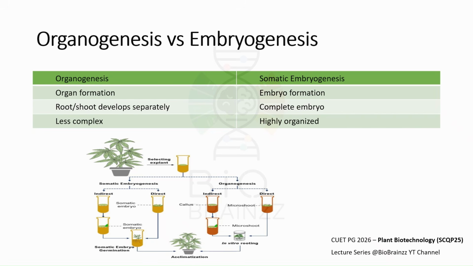In contrast, somatic embryogenesis involves the formation of complete embryo-like structures from somatic cells, which then germinate to form whole plants, much like a zygotic embryo. Organogenesis is generally considered less complex, whereas somatic embryogenesis is highly organized and mimics normal embryonic development. CUET PG frequently includes comparison questions based on these two processes.